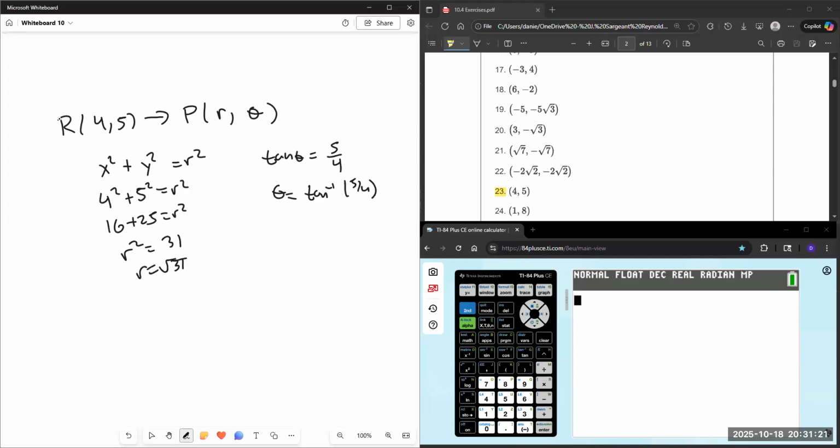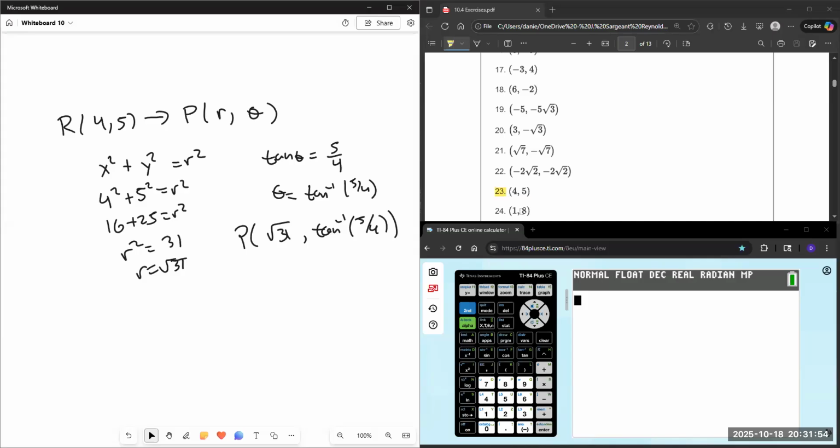I need to add 2 pi to that, or pi, depending on if I'm in quadrant 2 or 4. It returns positive values for quadrant 1. If I need quadrant 3, I'll need to add pi to that. So my polar version of this point is root 31, arctangent of 5/4. Exactly, you can get a decimal approximation in radians for arctangent of 5/4.